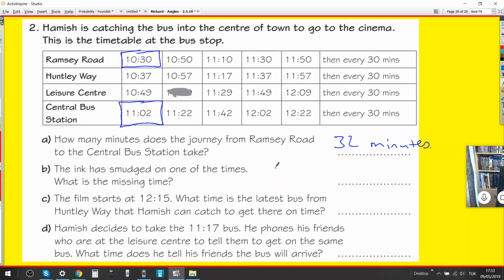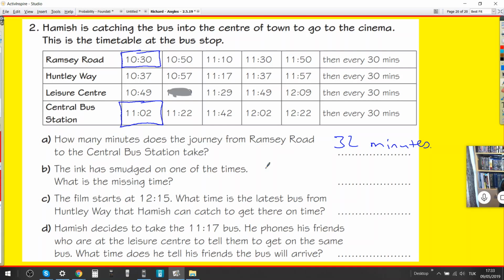Is there any way you can compare it to the other ones? Because I'm comparing it to 10:49 and 11:29. So what do you notice about the times for the leisure centre?